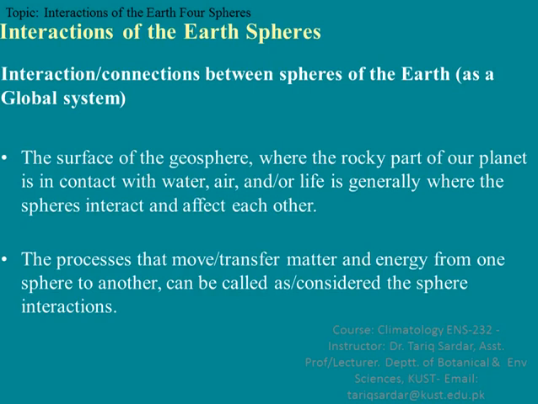If you see the interactions or the connection between all spheres of Earth as a global system, if we take the whole Earth as a system, then the surface of the geosphere, the solid part of our planet Earth, is in contact at the same time with the hydrosphere, that is your water, and the biosphere, which comes as the fourth sphere.